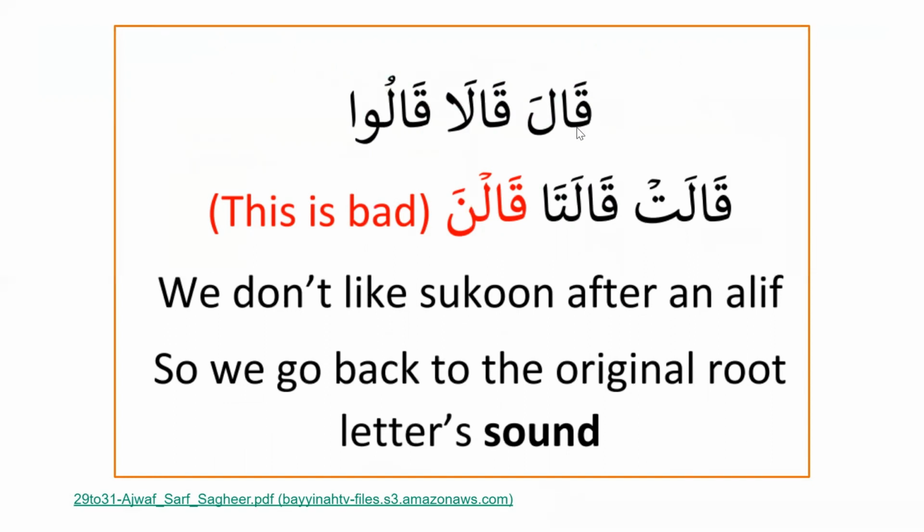So huwa form is qala, huma qala, hum qalu, hiya qalat, huma qalata. And when you come to hunna, you need a sukoon on the lam kalma, the third letter, right? If you put sukoon on lam kalma, it becomes qalna. There are two sukoons together. Obviously, it's not good for reading. It's not smooth.